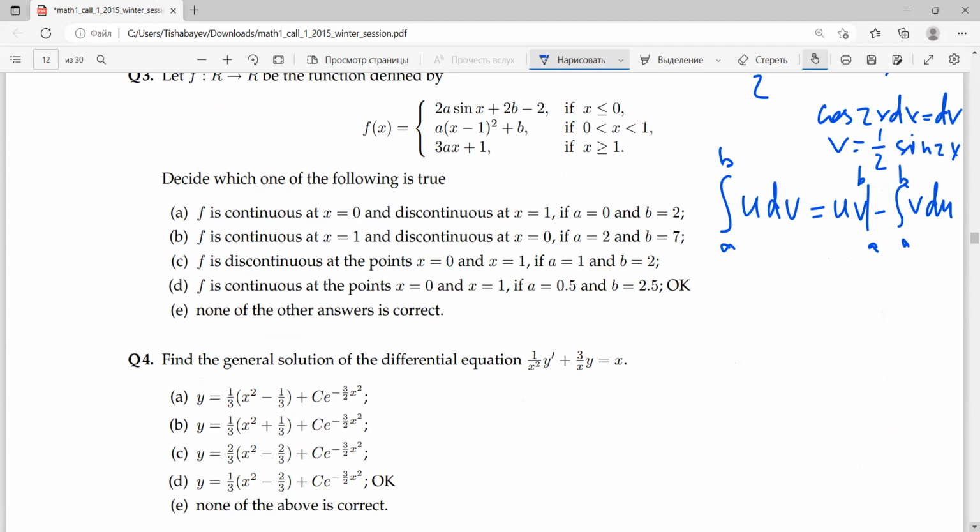Yes. So the left side limit at the point 0, just put 0 instead of x, it will be 2b minus 2. Yes? It's very easy now. 2b minus 2 should be equal to the right side limit at the point 0. It will be 0 minus 1, 1 squared. It is just a plus b.